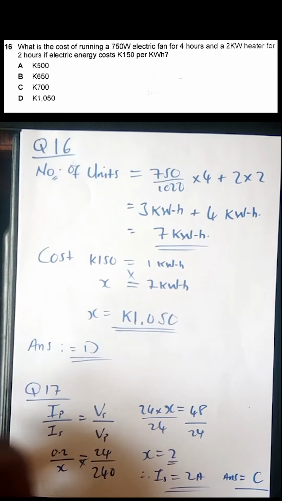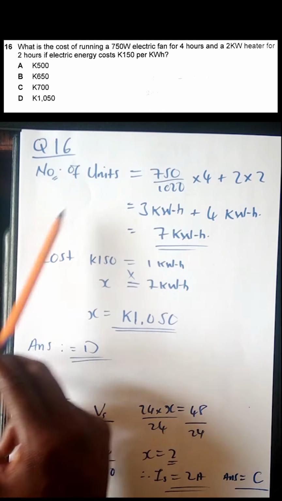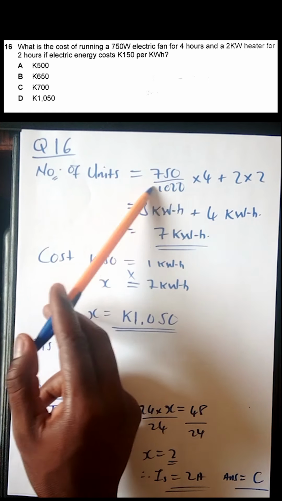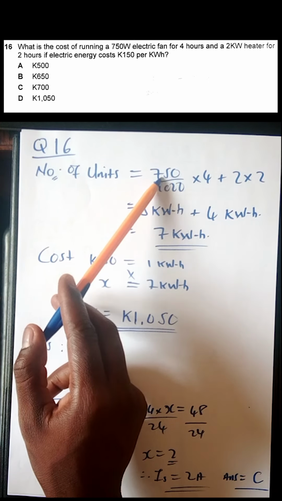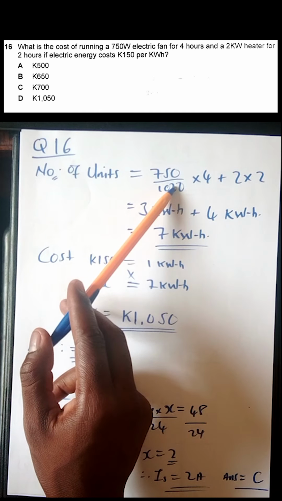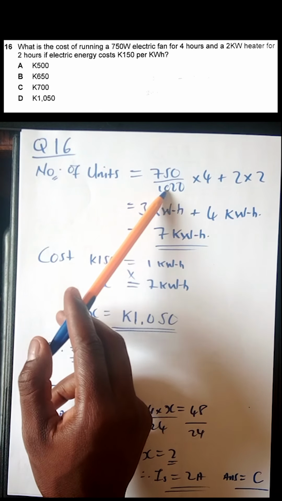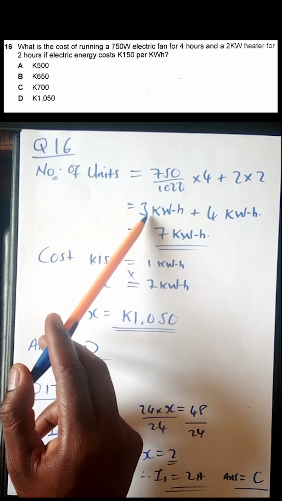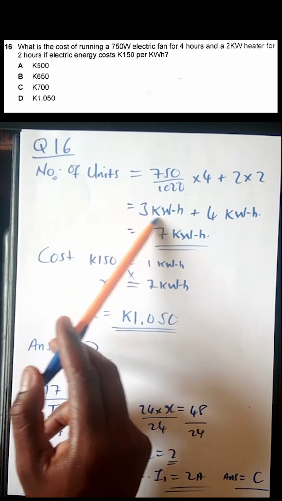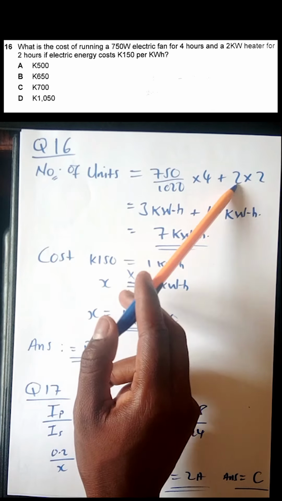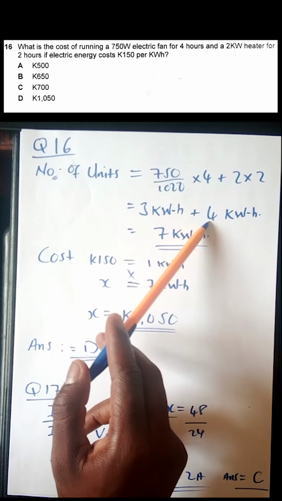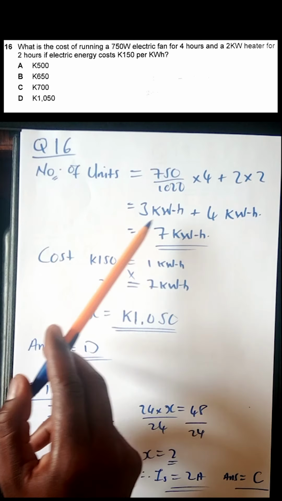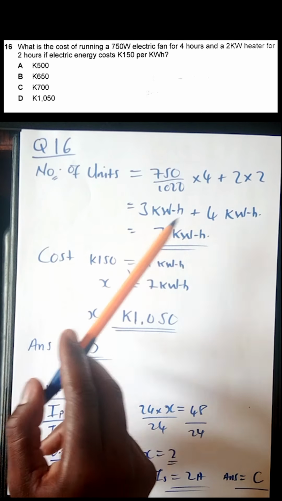Power has to be expressed in kilowatts, so we convert watts to kilowatts by dividing by 1000. So 750 divided by 1000 is 0.75 kilowatts. Multiplied by 4 hours, we get 3 kilowatt hours. Then 2 kilowatts by 2 hours, we get 4 kilowatt hours. We add them, we get 7 kilowatt hours.